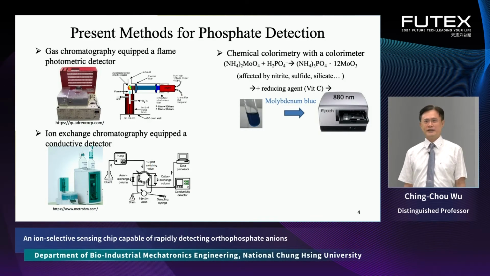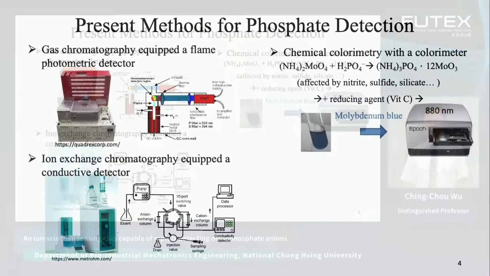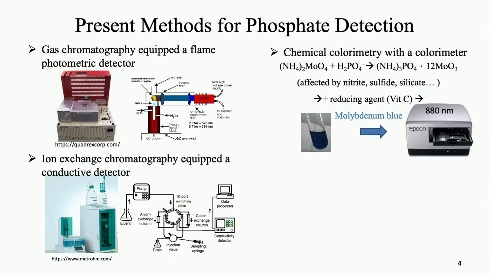So there are some methods using conventional instruments for phosphate detection, such as gas chromatography equipped with flame photometric detectors and ion exchange chromatography equipped with conductivity detectors. In contrast, another simple method is chemical colorimetry.